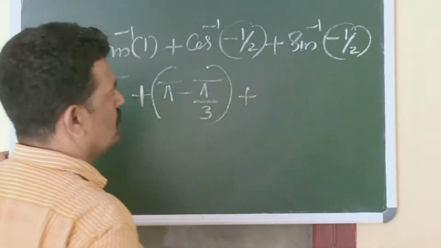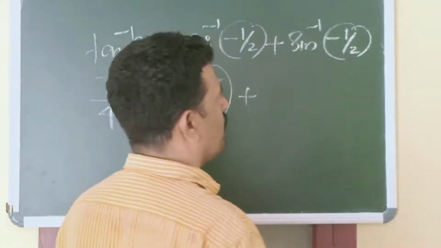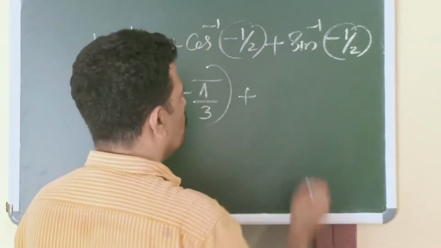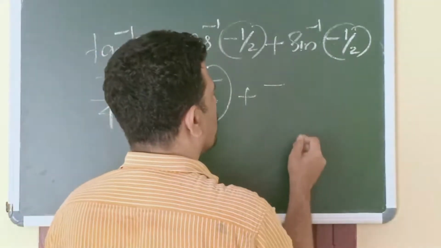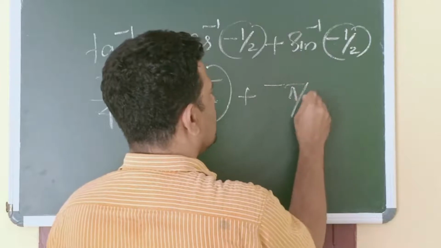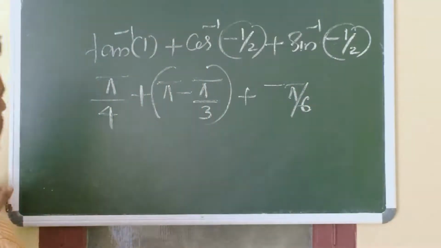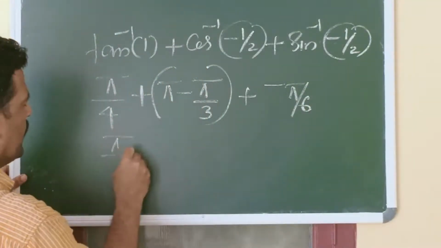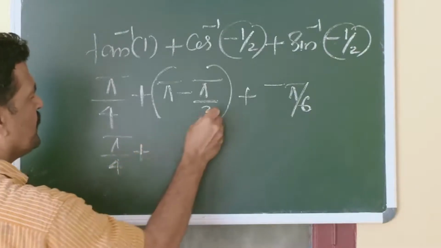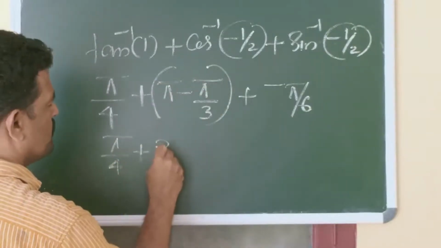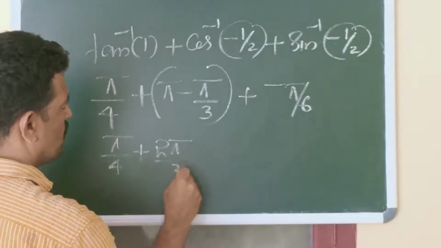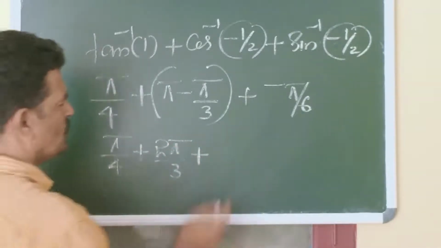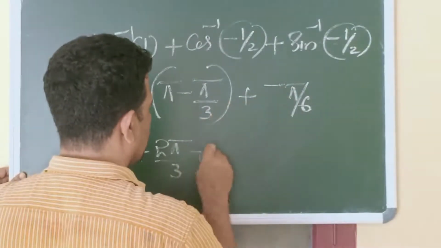Plus, the third one is sin inverse of minus 1 by 2, that is minus sin inverse 1 by 2, that is minus pi by 6. Therefore, the answer is pi by 4 plus 2 pi by 3 plus, there is a minus sign, therefore minus pi by 6.